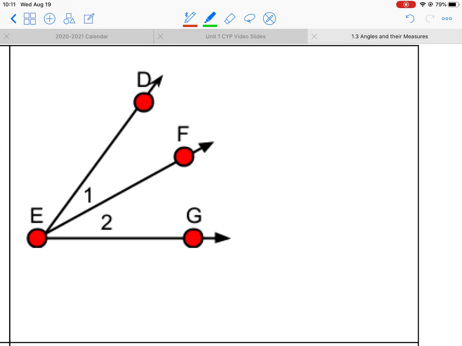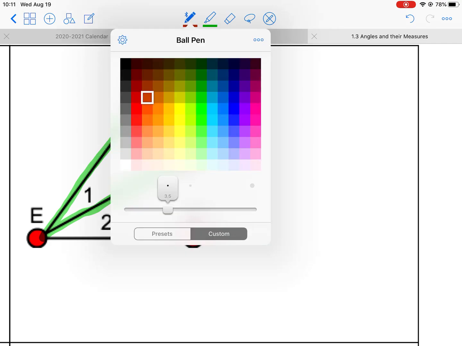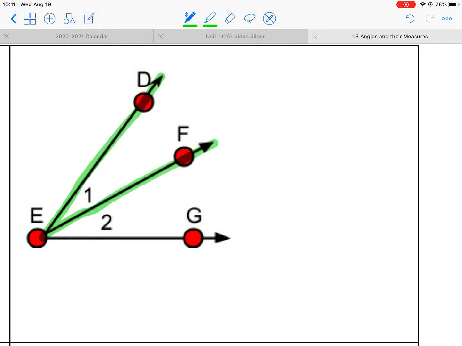First, the angle that goes from D to E to F could be called angle DEF, with E in the middle because it's the vertex. We can go in the reverse, angle FED. And since there is this number in there, we can also call this angle 1. But we cannot call this angle E because there's something on the other side as well.